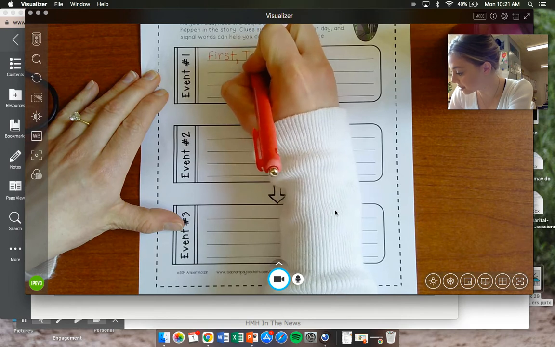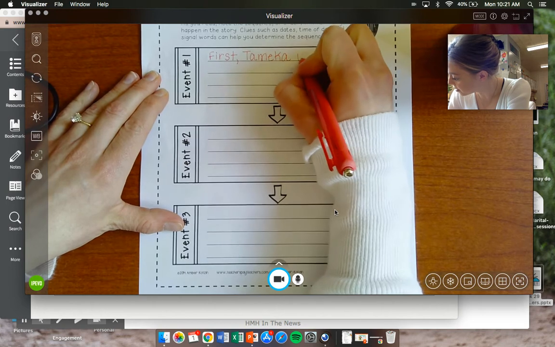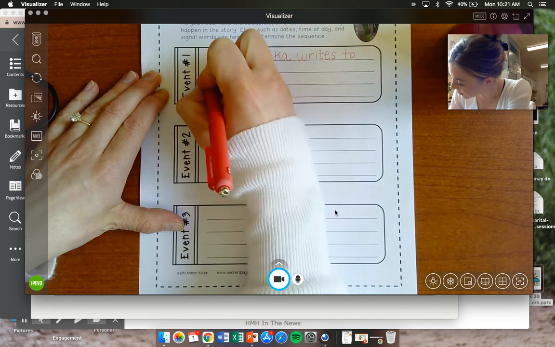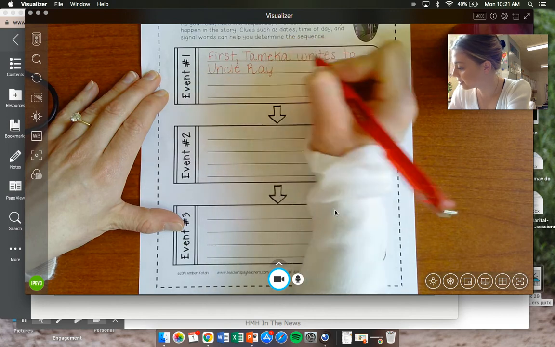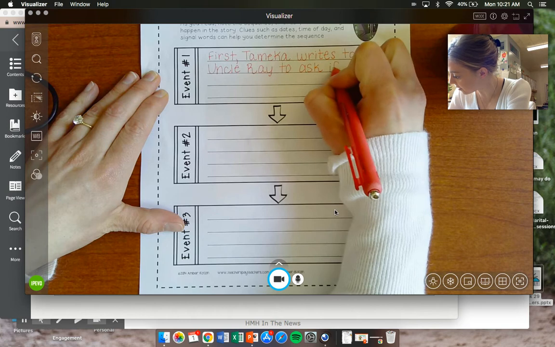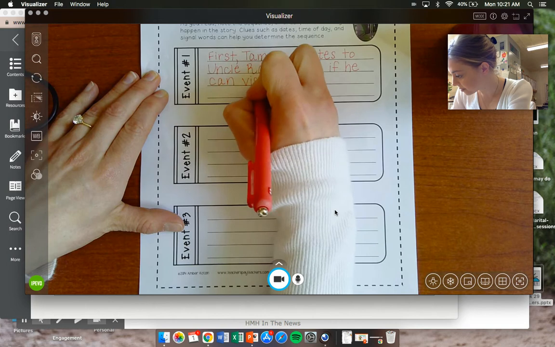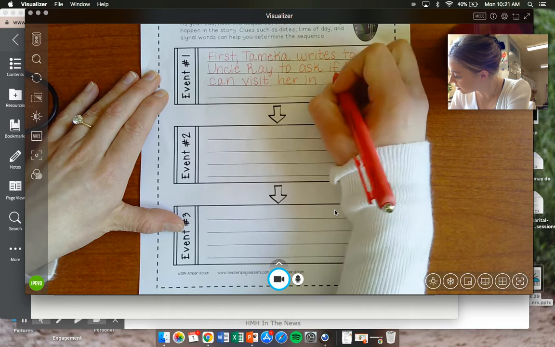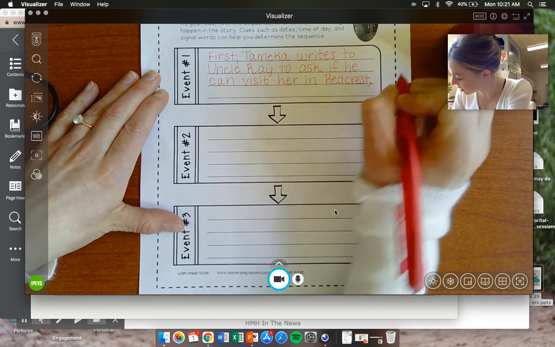and I'm going to write this in a complete sentence, which means I need a complete thought. First, Tamika writes to Uncle Ray, and I have to capitalize his name because it's a proper noun, to ask if he can visit her in Redcrest, California.